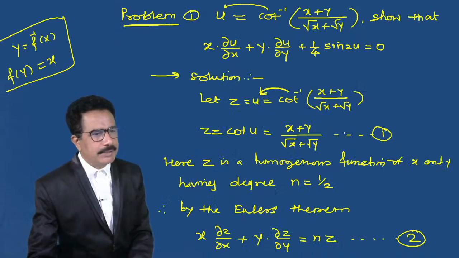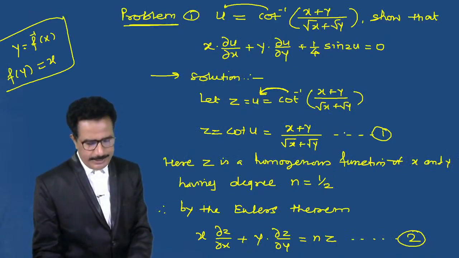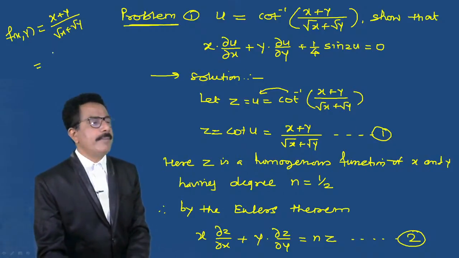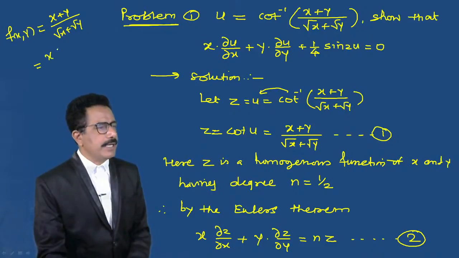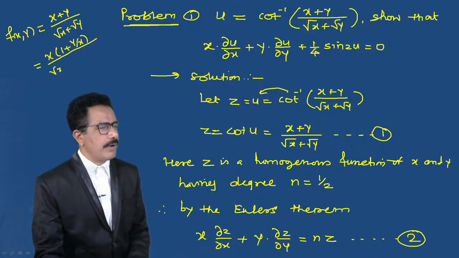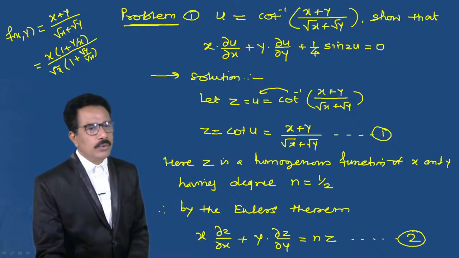तर या ठिकाणी आपण काय करू, हा होमोजेनियस कशामुळे आहे, I shall express this. Suppose f of x comma y, मी फक्त एक एक्झाम्पल दाखवतो, which is equals to x plus y divided by root x plus root y. Now we can take a common, highest power of x common काढा न्यूमरेटर मधनं 1 plus y by x divided by डिनॉमिनेटर मधनं हायेस्ट पॉवर कॉमन काढा, root x common काढा, 1 plus root y by root x.